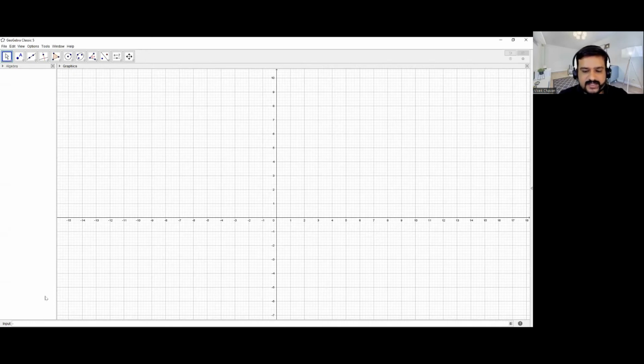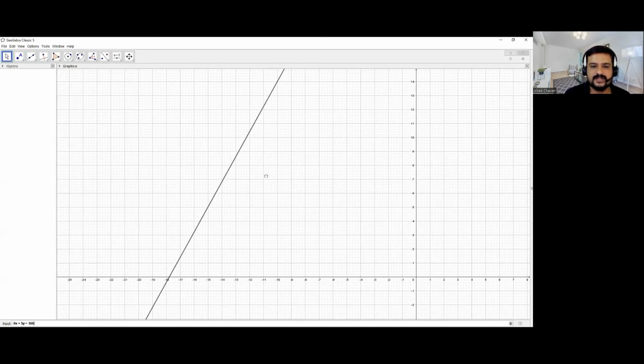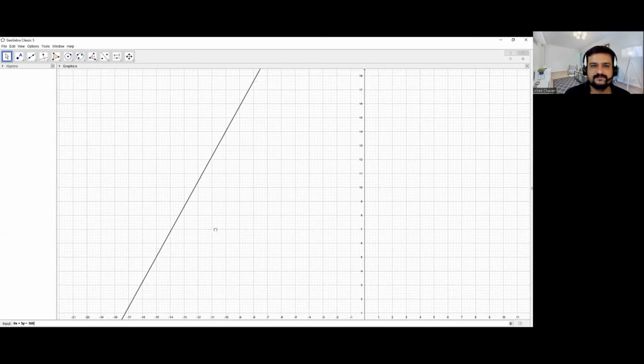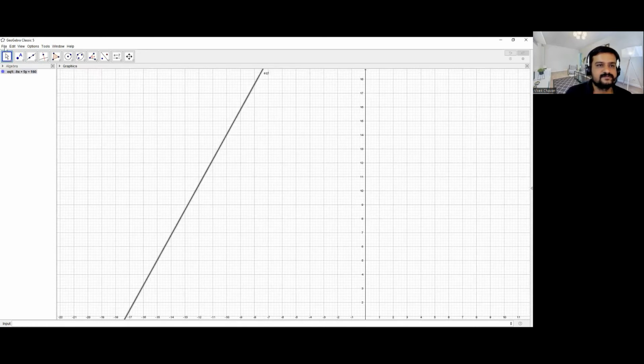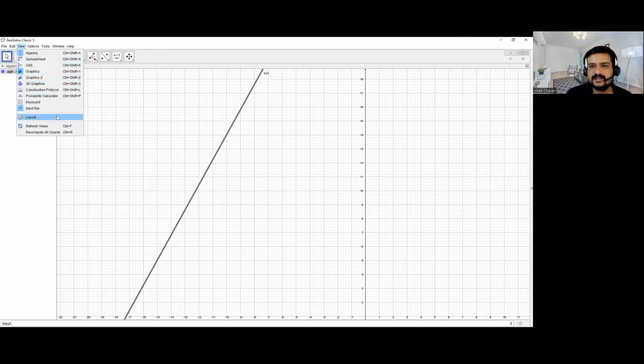It is minus 9x plus 5y is equal to 160. So this will be the graph. Let's zoom it out a little bit. So this will be the line. Can you see it?